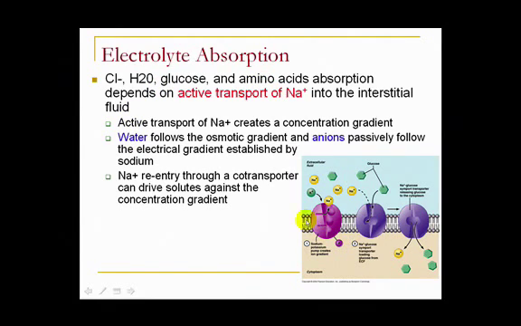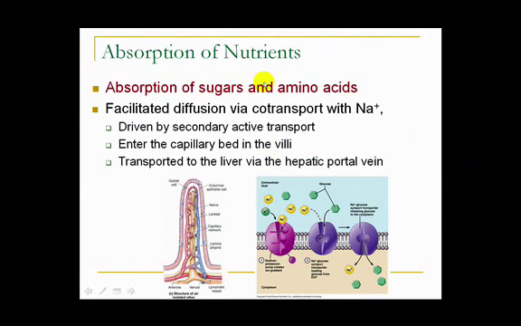So the idea here is in the cells of the lumen, you have active transport of sodium that's creating the gradient. Now when you look at sugars and amino acids, that's through secondary active transport. If I create a sodium gradient, where sodium is always low in the cell because I'm pumping the sodium out using primary active transport, then I have a co-transporter that transports sodium along with glucose, or it could be sodium along with an amino acid.